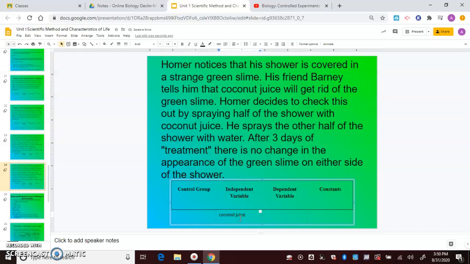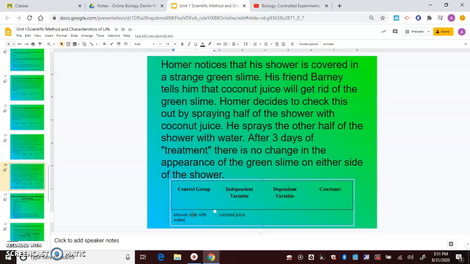Now, the control group would be the normal way his shower usually is, like what type of liquid is usually on the shower. So that would be the one with water. The shower side with water, because that's the normal standard way that he takes a shower, just with regular water.